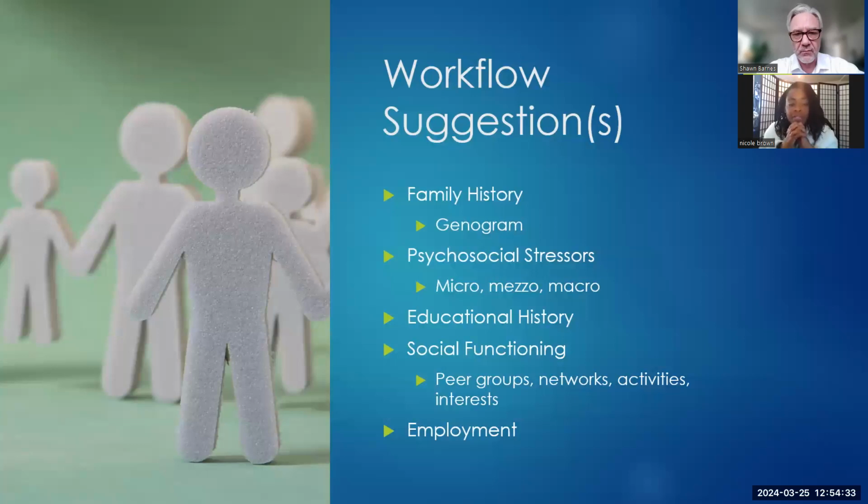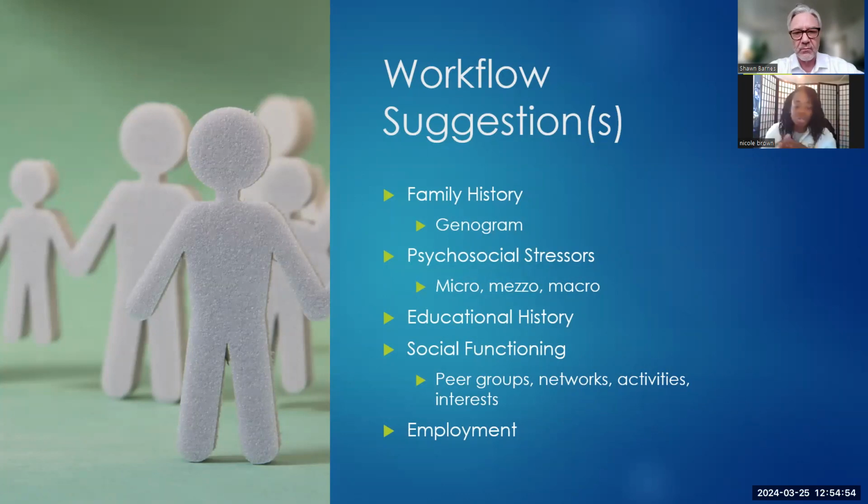How is that affecting you? So micro is in the home, meso is in their school, macro would be the school system. How are they matriculating? How are they doing? If it's not working for them and one thing's blocked up, it all flows downhill.